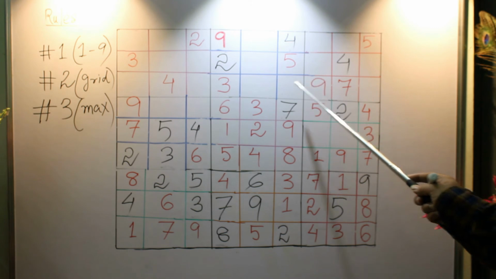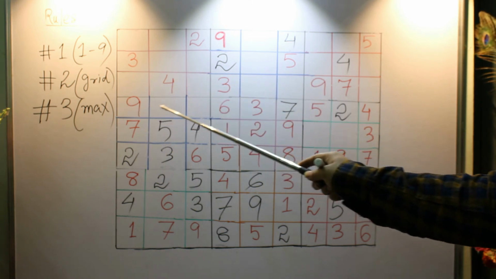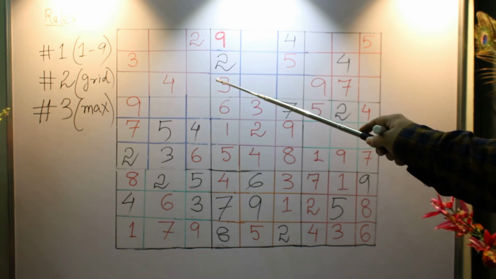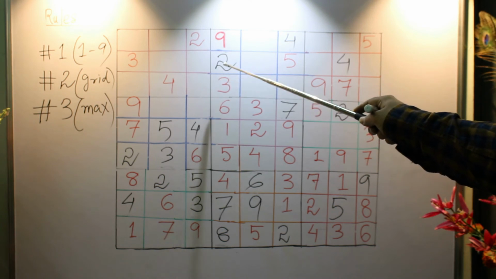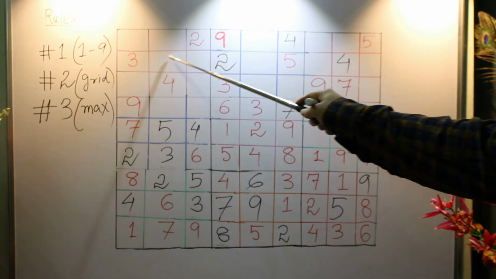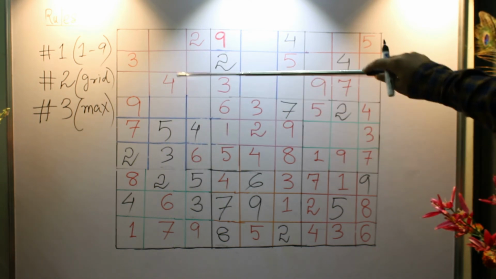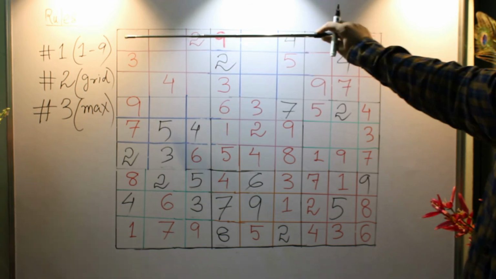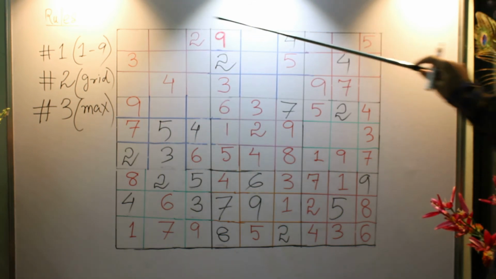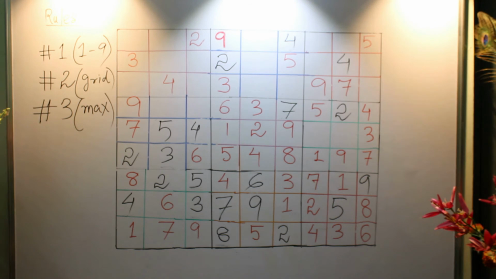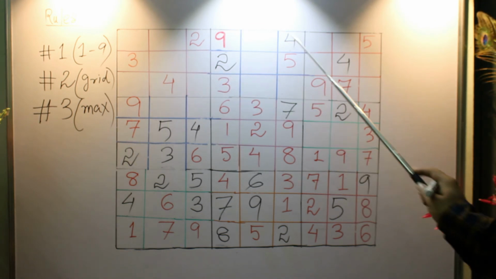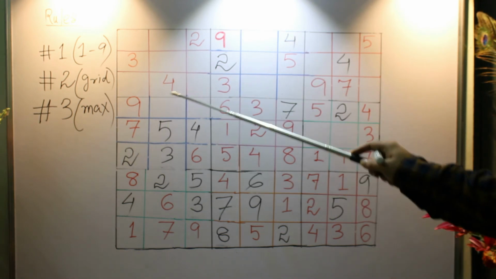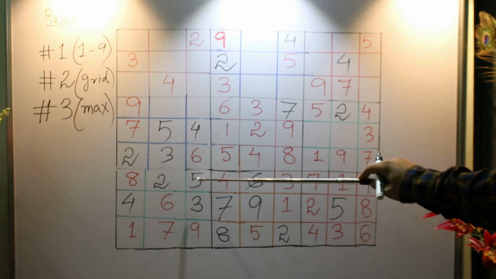Okay, now look at this grid. We cannot place 5 anywhere in these two boxes because of this 5. We cannot place 5 here as well because of this 5. We cannot place 5 here because of this 5.